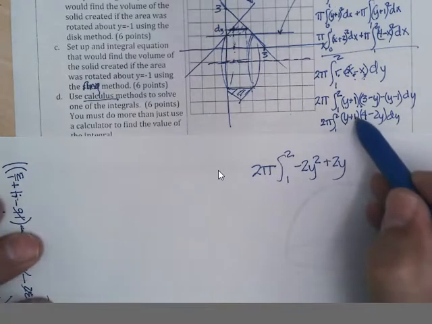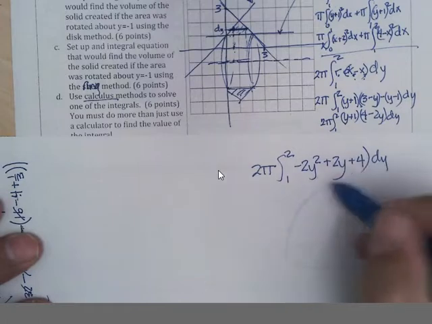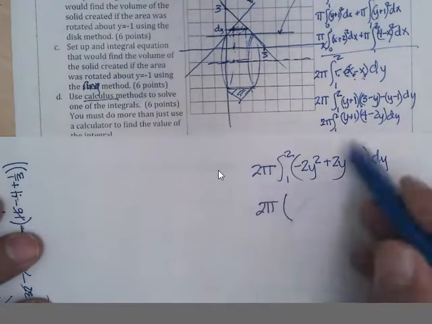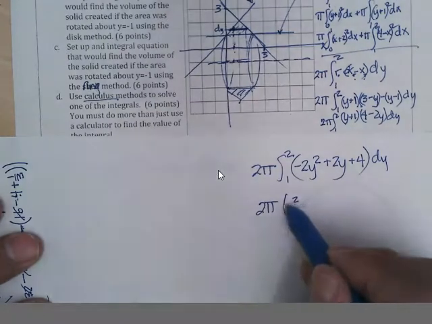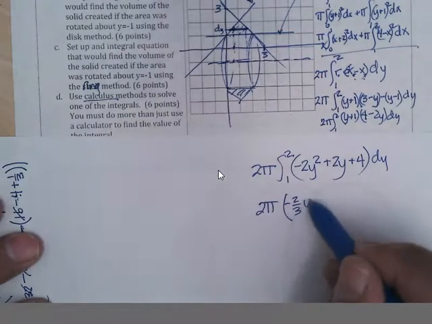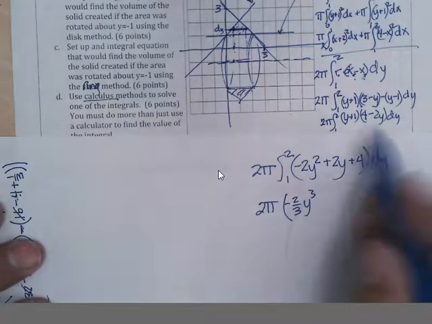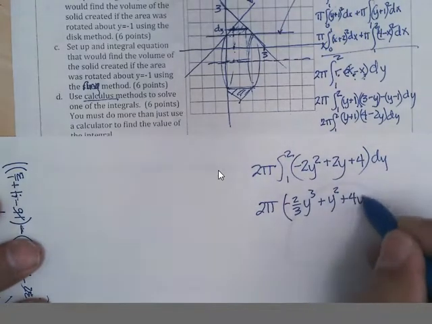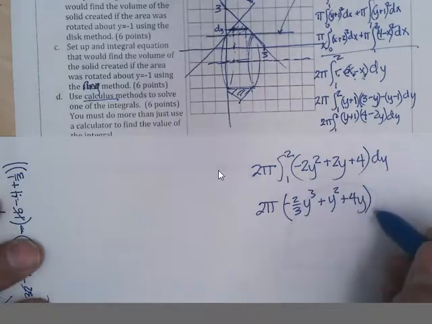And then I have plus 4. So I have 2 pi times minus 2/3 y to the 3rd plus y squared plus 4y, evaluated from 1 to 2.